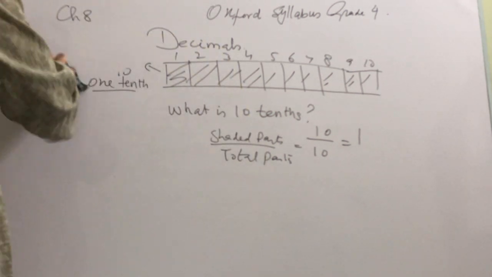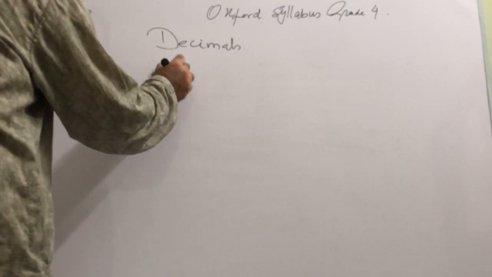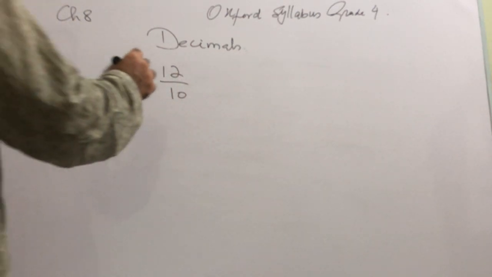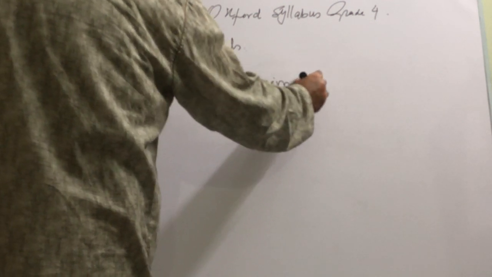Now we'll go to point number 6, page number 151. It says express 12/10 as a decimal. We need to convert this fraction into decimal.